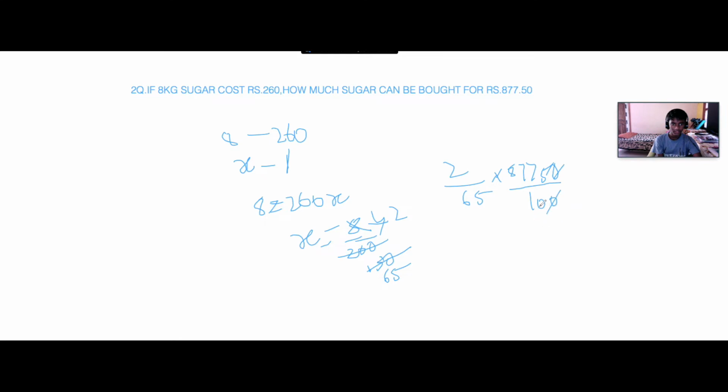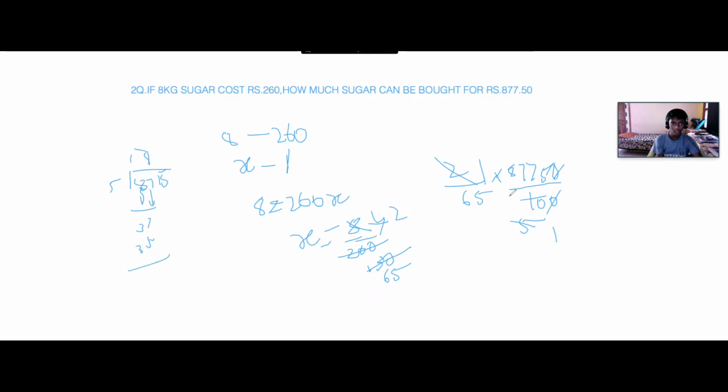The 5s cancel here. Now let's do the division: 8775 divided by 5, five 1s are 5, five 7s are 35.